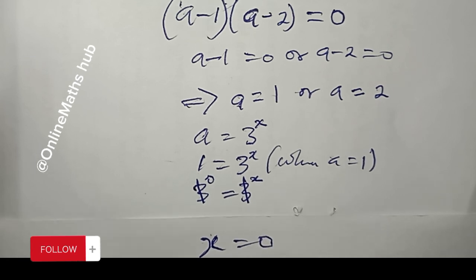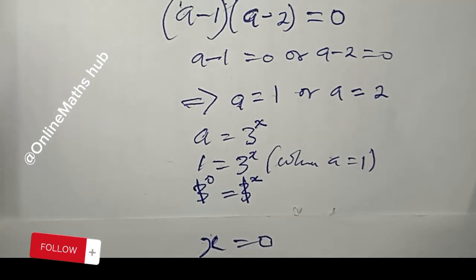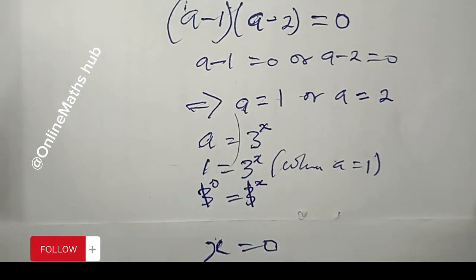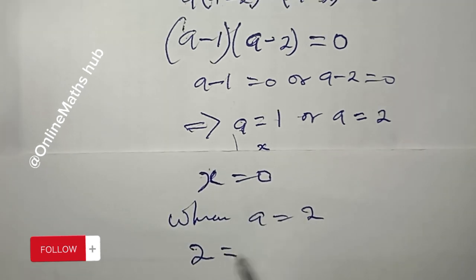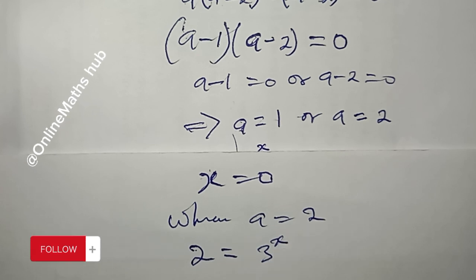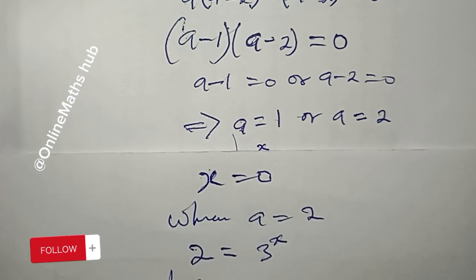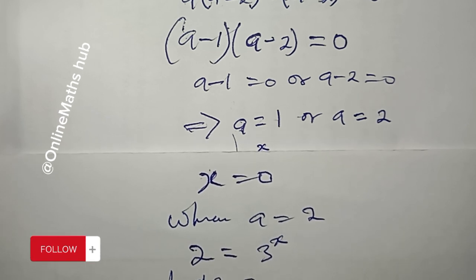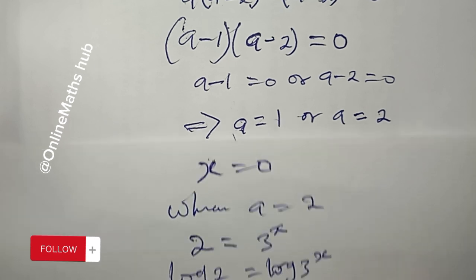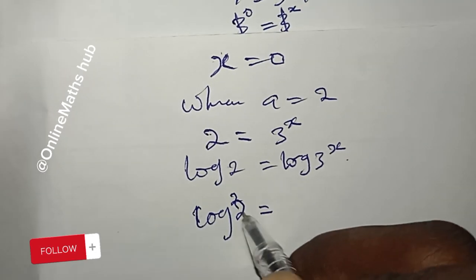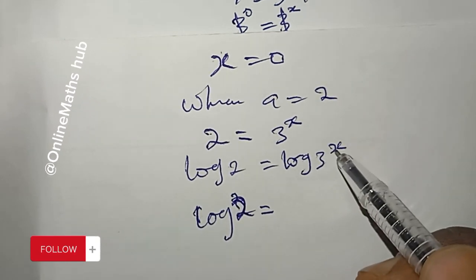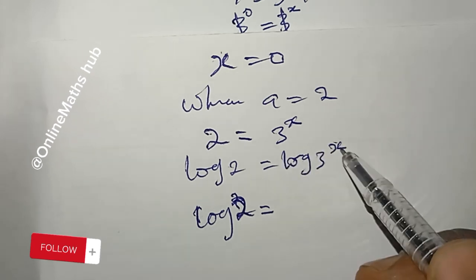Considering when a is equal to 2, here I have that 2 is equal to 3 raised to power x. For me to get x here, I'm just going to take the log of both sides. So I have log 2 is equal to log 3 raised to power x, and I'm going to use the rule of logarithm, which allows me to bring the power down.